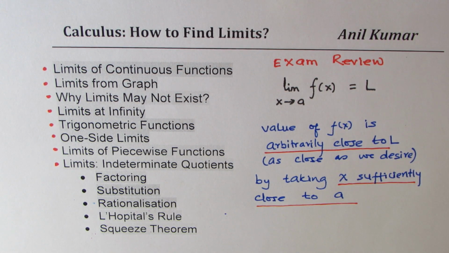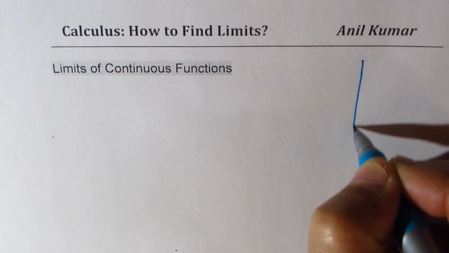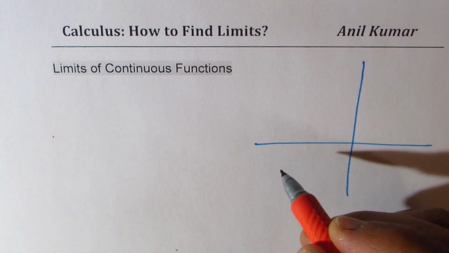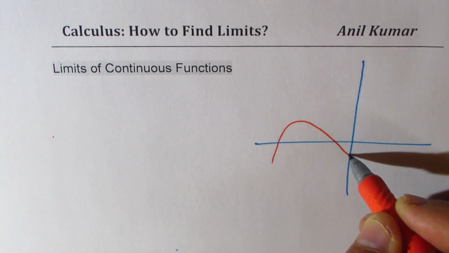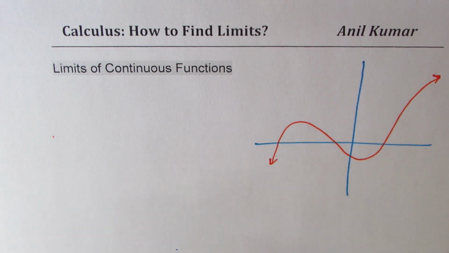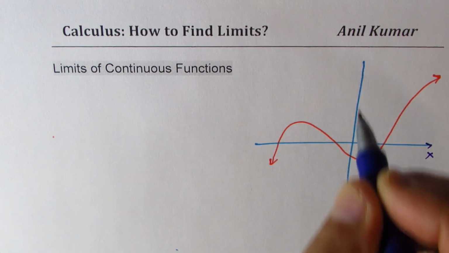Correct? Now let's see how to find limits of functions when they are continuous. When we say continuous functions, it basically means that the graph of the function is continuous in its domain, right? So we are talking about any continuous function.